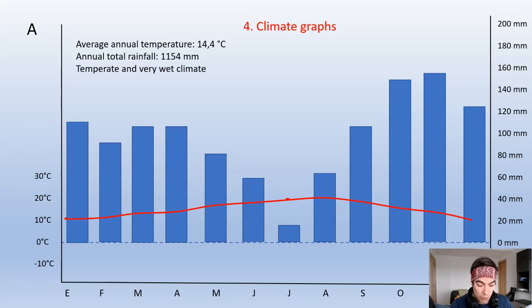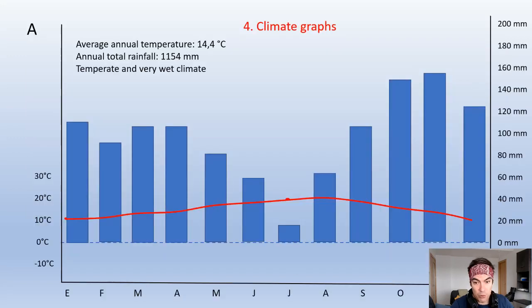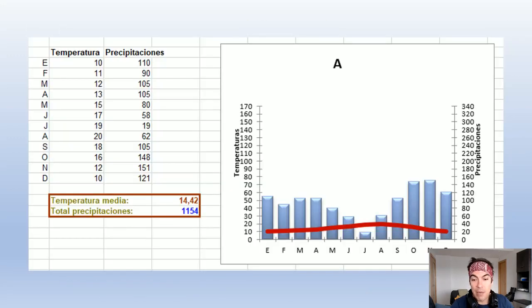And I have also drawn this with my computer in an Excel spreadsheet, and this is how it will look in a different scale of the graph, okay? These two graphs are the same but at a different scale, okay? But the values are unique, so they should be like this, okay?